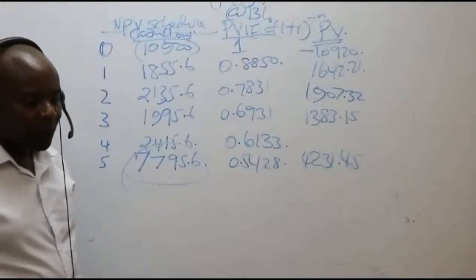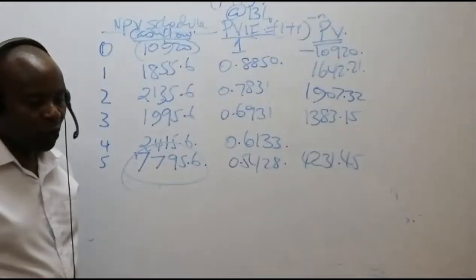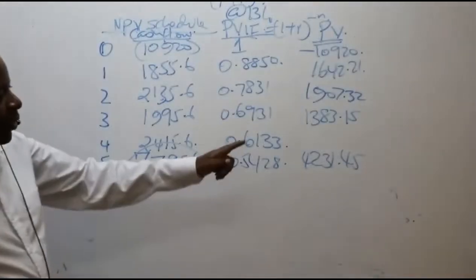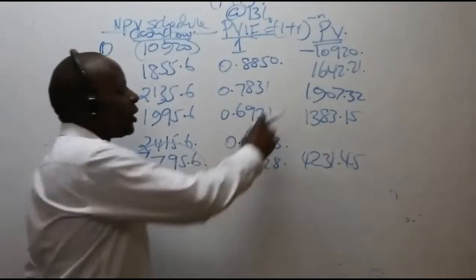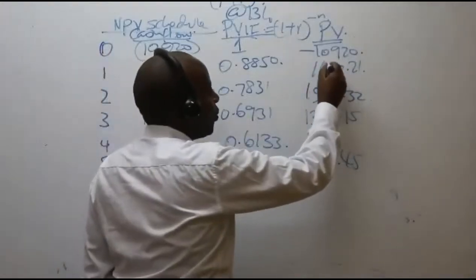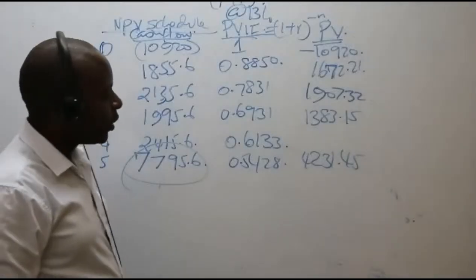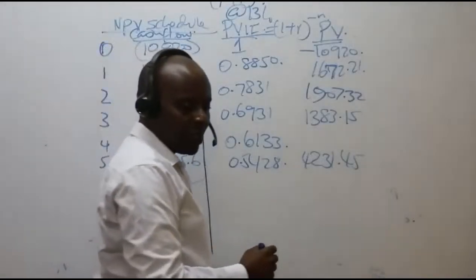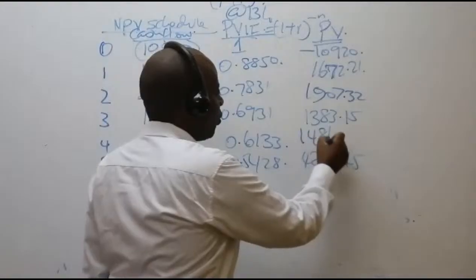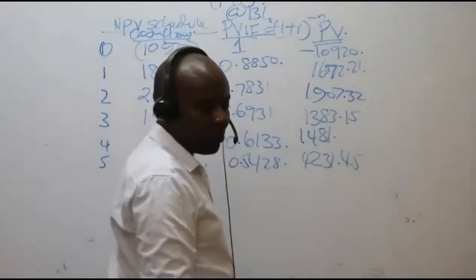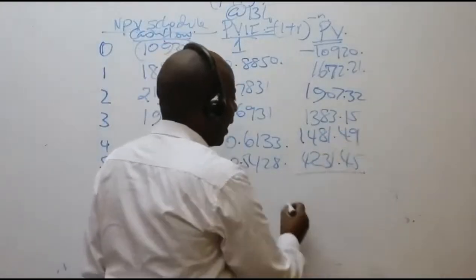How about this? The second I'm told is supposed to be 1672, not 42. This one I'm being told is supposed to be 1672. So the last one here is 1481.49. So could you kindly come and add for me?